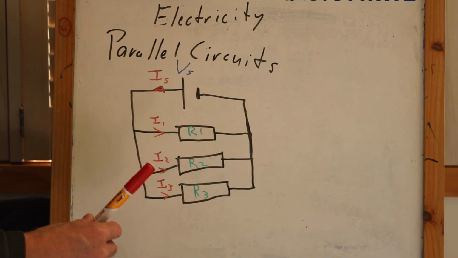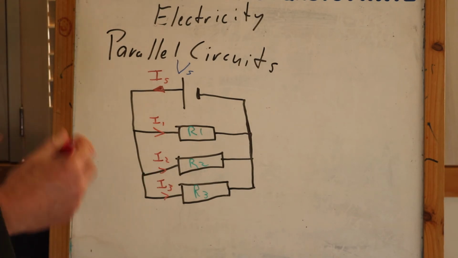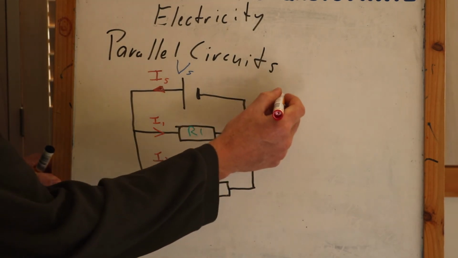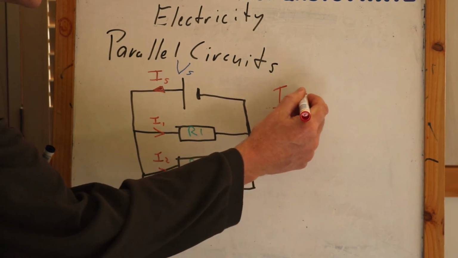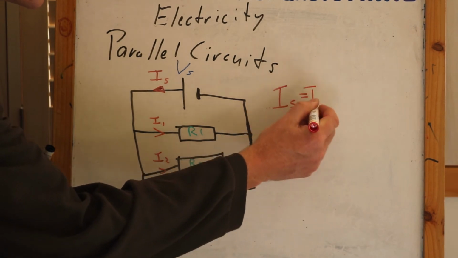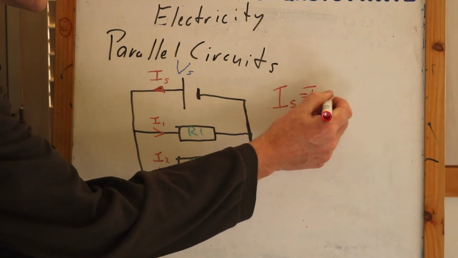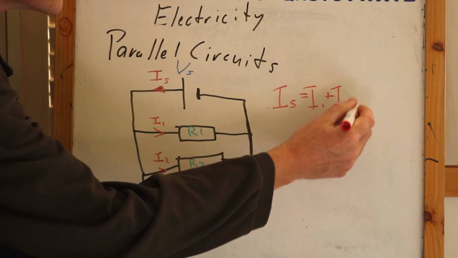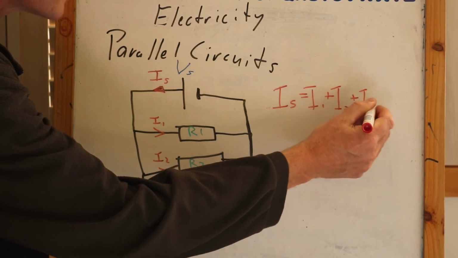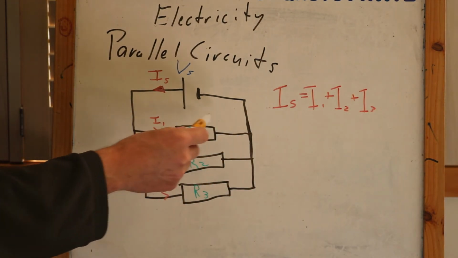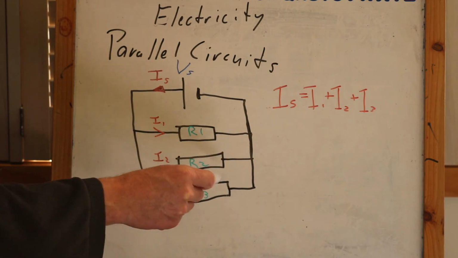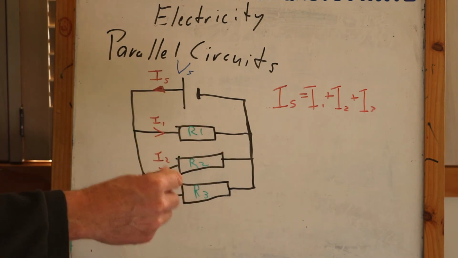and less through the higher resistances. But I think it's fairly obvious that my supply current is made up of current 1 plus current 2 plus current 3. So the currents through the different pathways add up to the supply current.